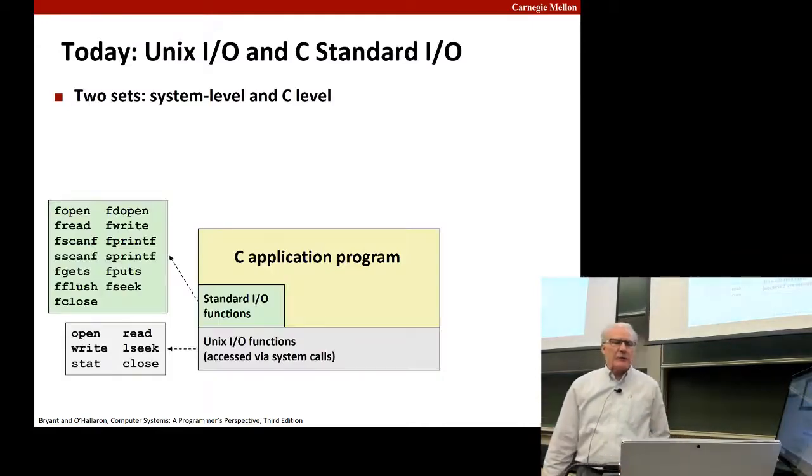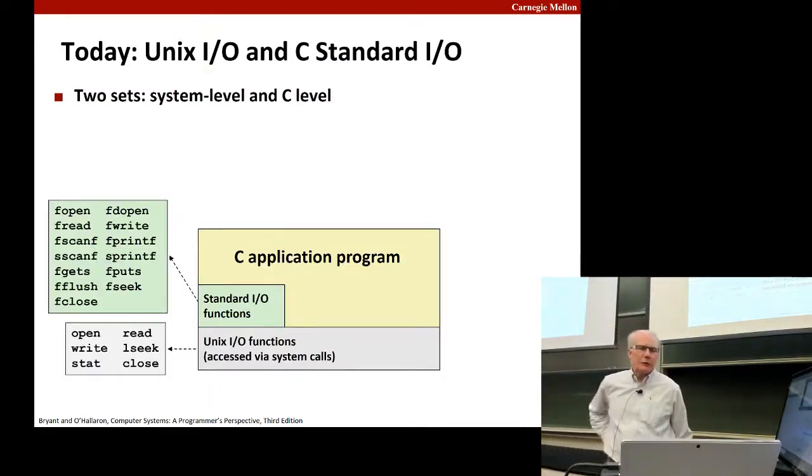So as I mentioned, you're probably more familiar with what's called standard I/O. And you know when you say pound include stdio.h, you're gaining access to that library of functions. And that's what's used for 99.9% of all application programs when they're reading and writing data.